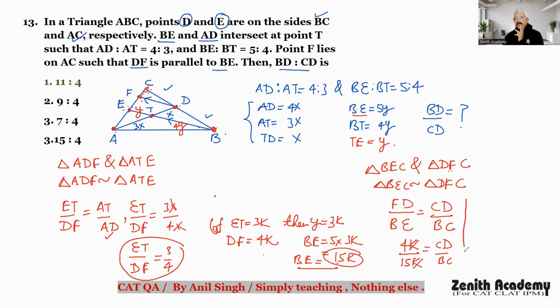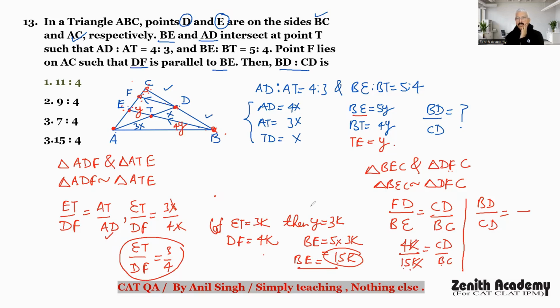We have to find BD is to CD. CD is 4, and the ratio between CD and BC is 4 is to 15, so BC is 15 and CD is 4.